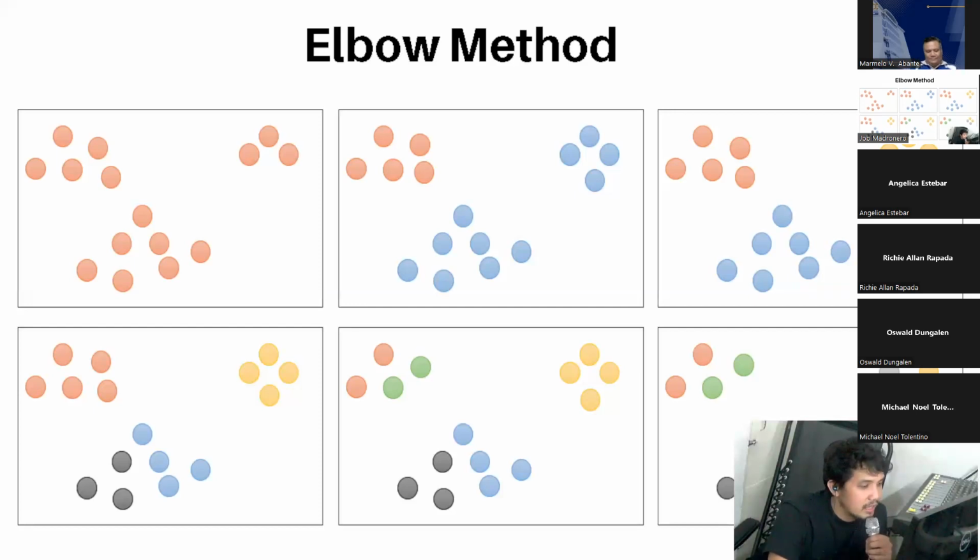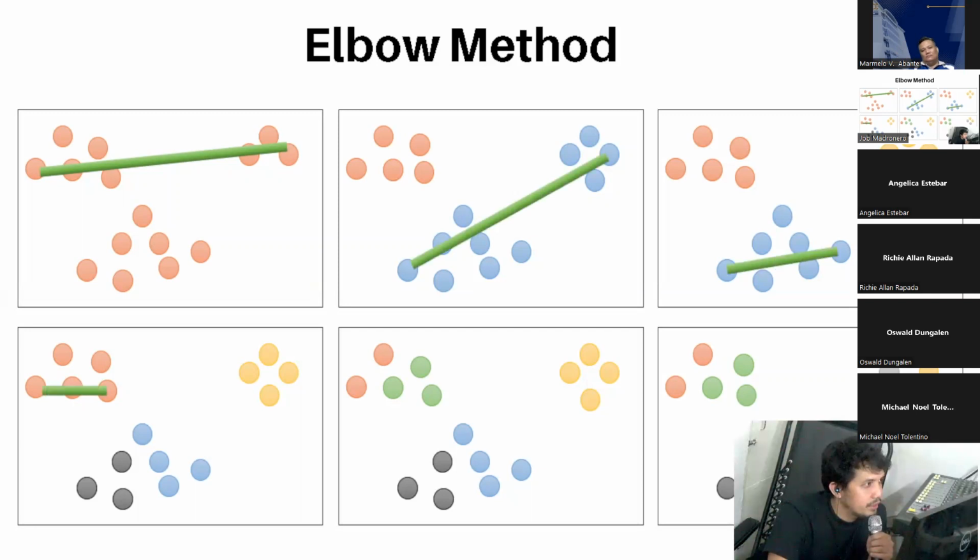That basically tells us how big each group is in a rough way. So let's look at the first, one-cluster solution. The longest possible distance between two points of the same color is this one. And for the second cluster, this one, third, fourth, fifth, sixth.